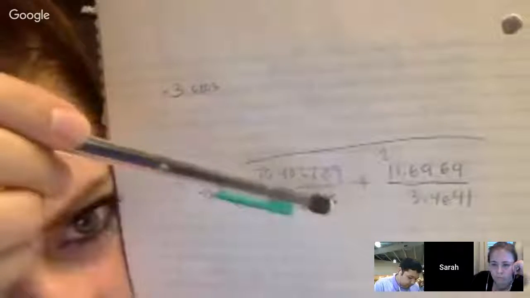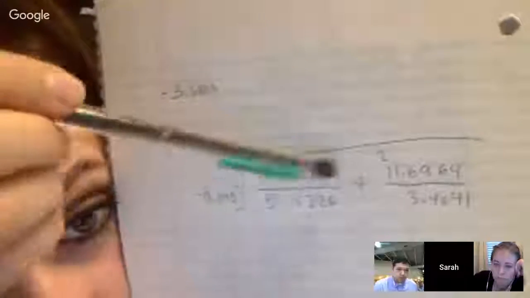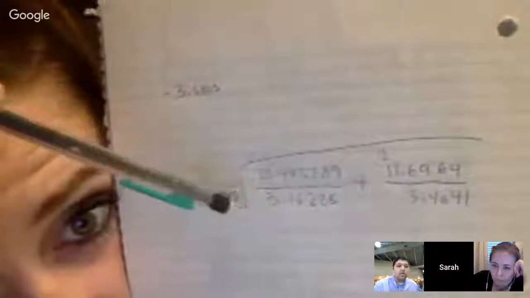Divide these, get the answer. Add them, get the answer. Then find the square root, and then multiply by the square root. Everyone got it? No, you kept moving. I only got the first.